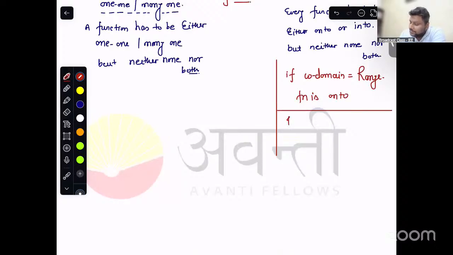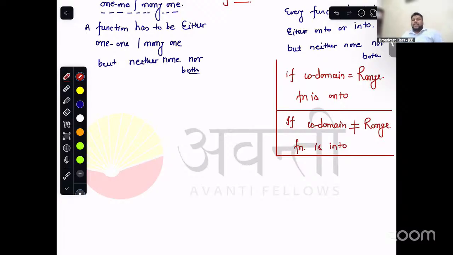And if codomain is not equal to range, the function is into. Am I correct? So there is no further discussion about it.